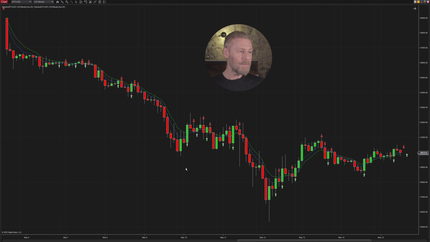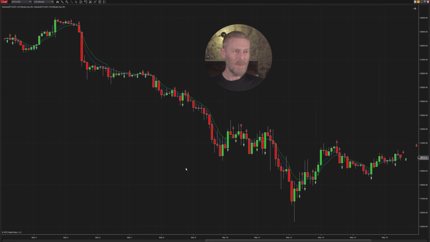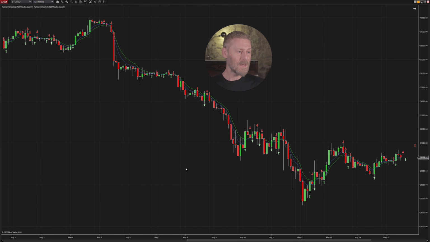And you might look at this and say, well, Mike, this looks a lot like a moving average. Maybe it's an exponential moving average or a simple moving average. Well, it's not. It's much better, much more precise and much more responsive than a moving average. At the same time, it's also a lot more consistent with the trend and does not get easily detracted from its ongoing trend by a quick move to the upside.